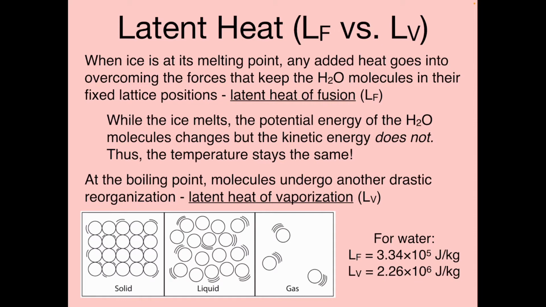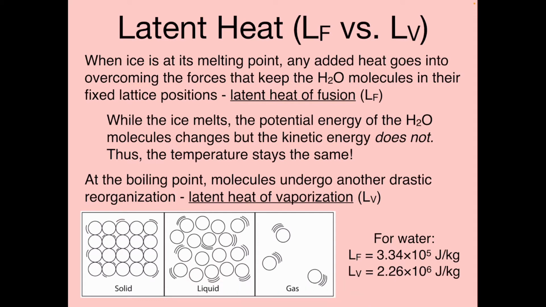So the heat that we add to this solid ice is not going into kinetic energy. In other words, we're not increasing the speed at which the molecules are jiggling back and forth, but instead we're changing the potential energy of those molecules as we break the bonds that hold them together in this lattice.